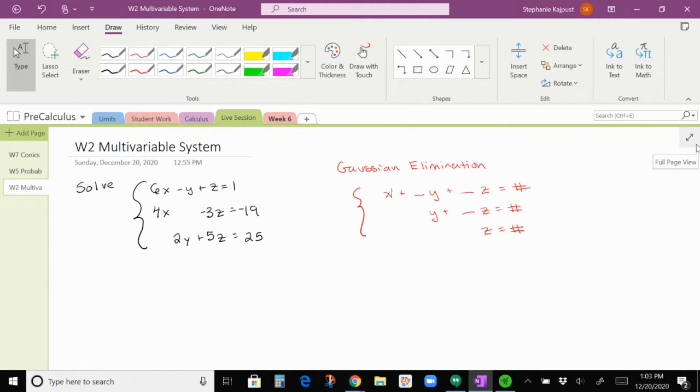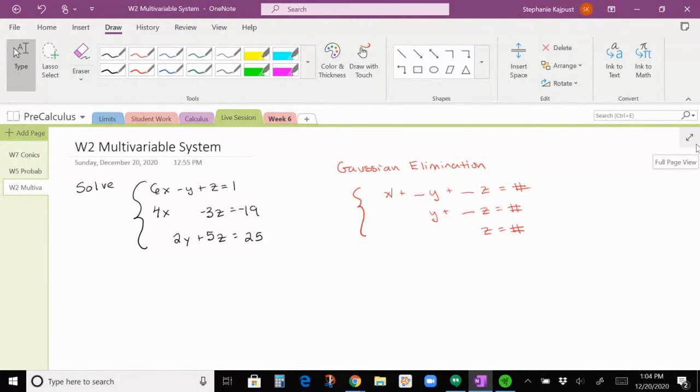So using Gaussian elimination you have to do a lot of thinking ahead to think about what is going to be the most efficient way to put it in this form. So if we look at our system on the left side, our first equation is essentially in the form we want. We just don't have a 1 in front of the X. We have a 6 in front of the X, but that's almost in the form that we want.